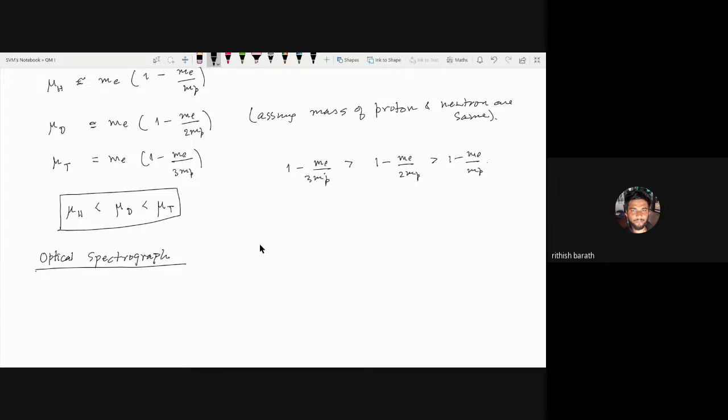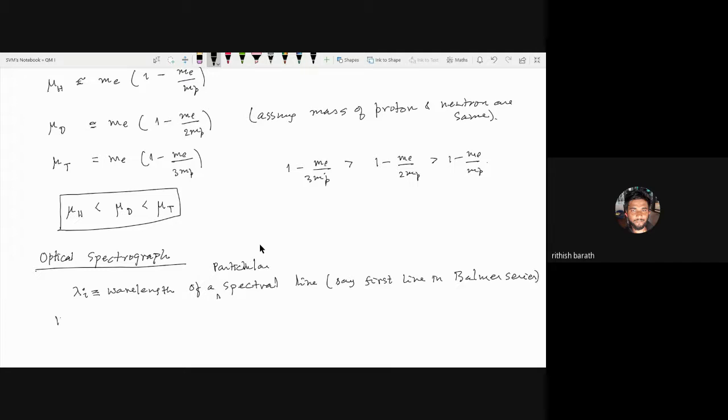Let's say lambda i is the wavelength of a particular spectral line, maybe the first line in the Balmer series, just say one of those lines.